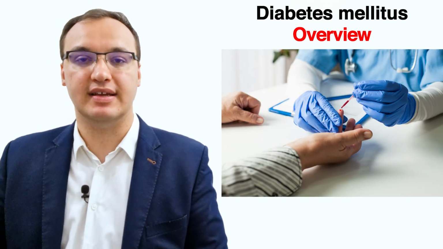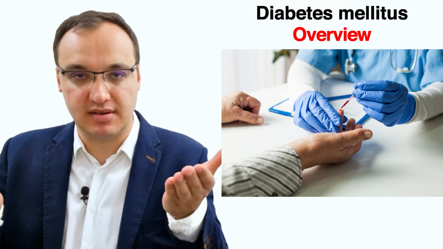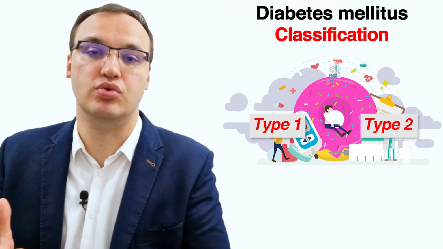So often, diabetes mellitus is diagnosed with a blood test finding high glucose levels in the blood. And when we speak about classification of diabetes, the standard primary diabetes mellitus syndromes are type 1 and type 2. Okay.